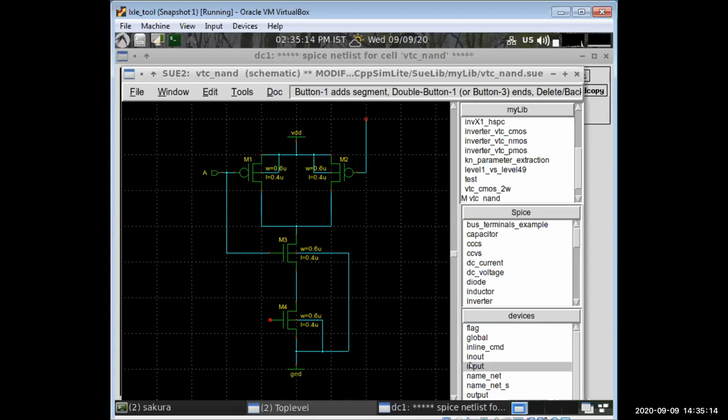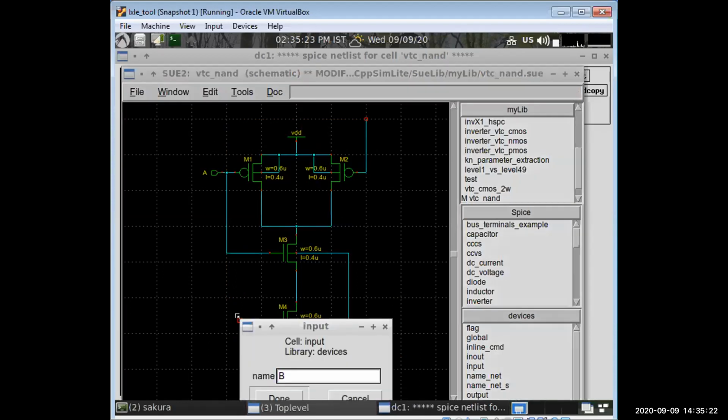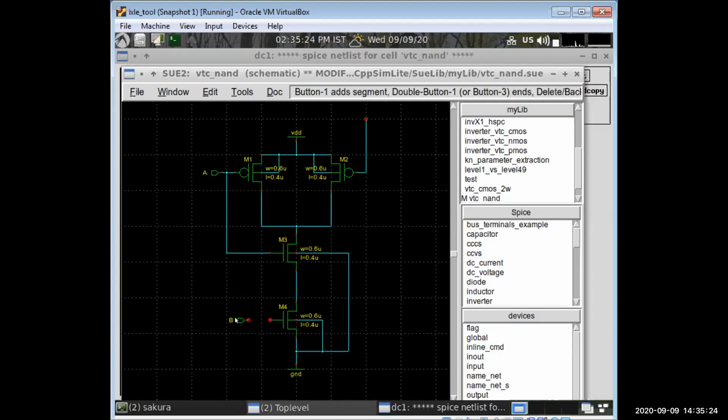Place another input node from this device, name it B. It is connected here, and this B will also be connected to this gate.